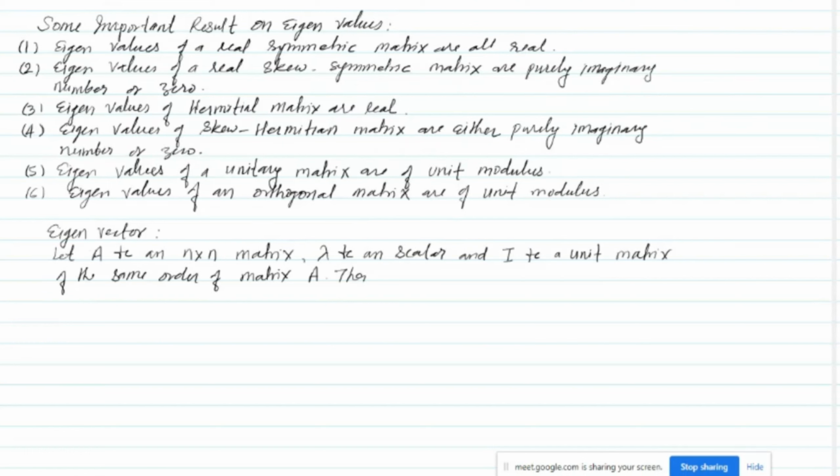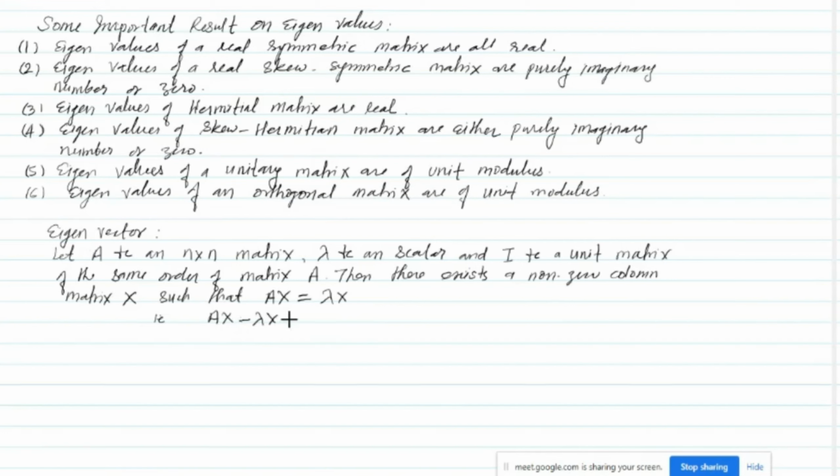Then there exists a non-zero column matrix X such that AX equals lambda X. If I simplify this, shifting it to that side, AX minus lambda X equals 0. Further simplifying, this becomes (A minus lambda I) X equals 0, where I is the unit matrix.